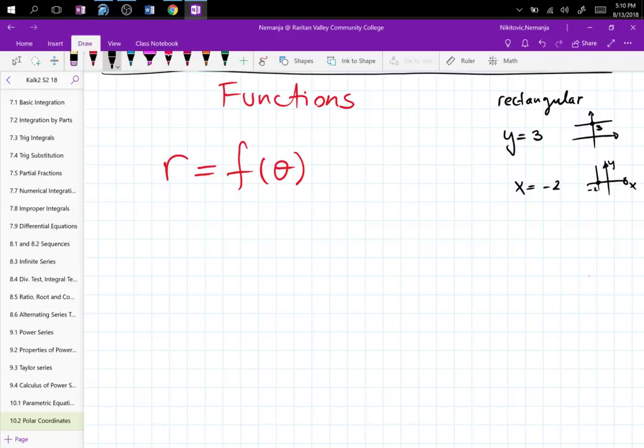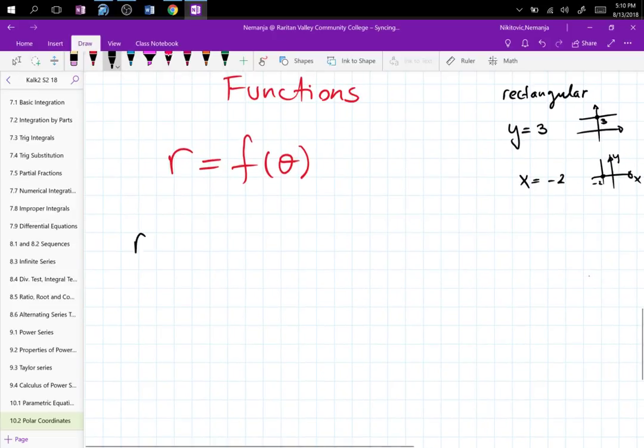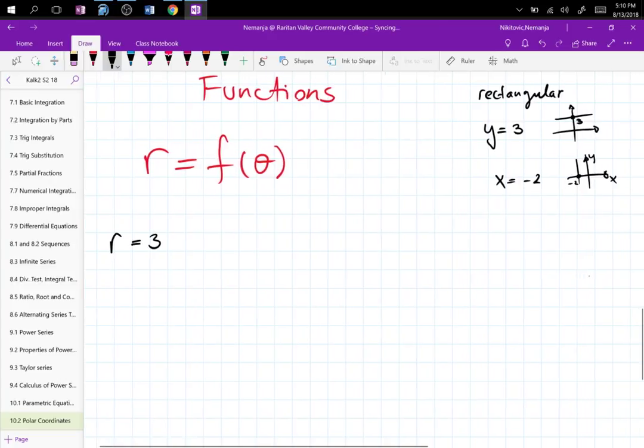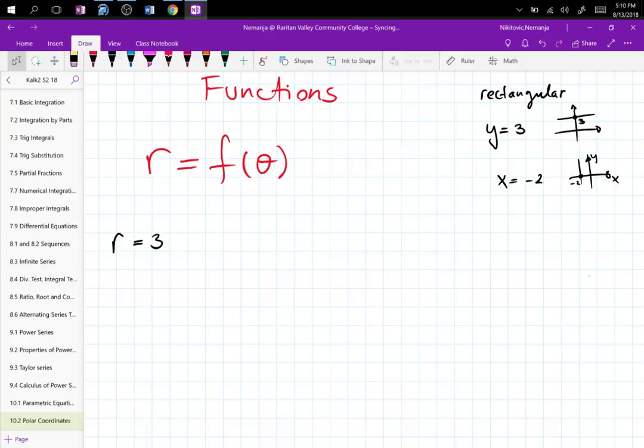Now we start with, let's say, r equals 3. First off, it's an equation, and when you look at it, you say, what's my theta? And the answer to that question is everything. So what do you get when you have radius equal to 3 for every single theta you can possibly imagine?